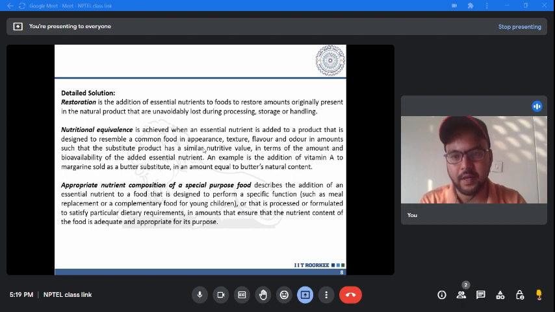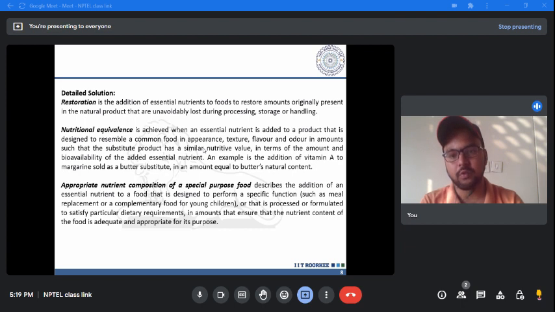And the appropriate nutrient composition of a special purpose food describes the addition of an essential nutrient to a food that is designed to perform a specific function, such as meal replacement or complementary food for young children, that is processed or formulated to satisfy particular dietary requirements in amounts that ensure the nutrient content of the food is adequate and appropriate for the purpose.